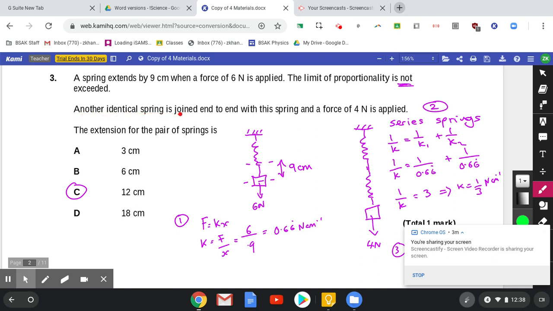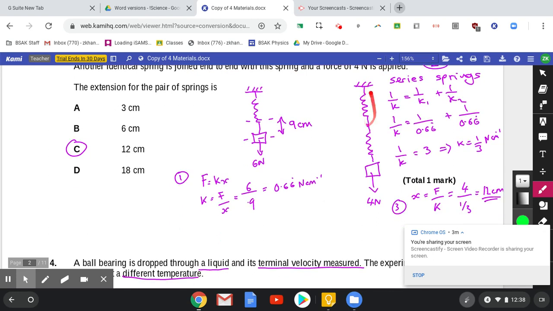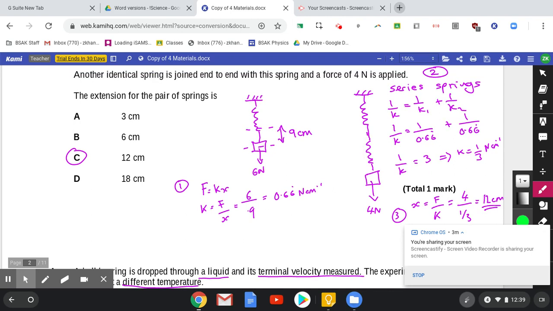Another identical spring is joined end to end with this spring, and a force of 4 newtons is applied. So end to end is a spring there connected to the other end. There's another spring there. Okay, and 4 newtons of force is acting there. These springs are in series, and the overall force constant for springs in series, 2 springs, will be 1 over K1 plus 1 over K2.